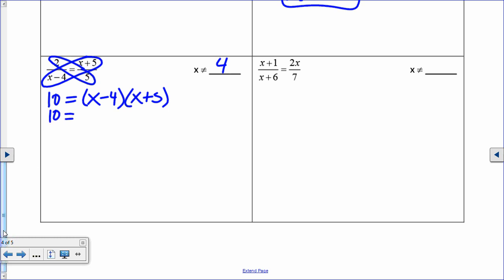So x times x, x squared, x times 5 is 5x, and then you have negative 4 times x, which is negative 4x. If you add those together, you only have a positive x. So when you do FOIL and then simplify it, you should get x squared plus x minus 20.